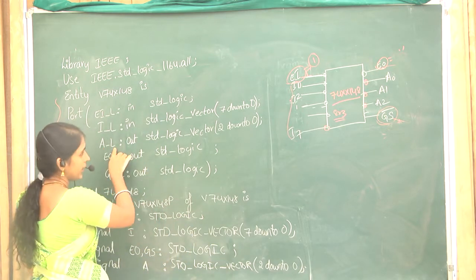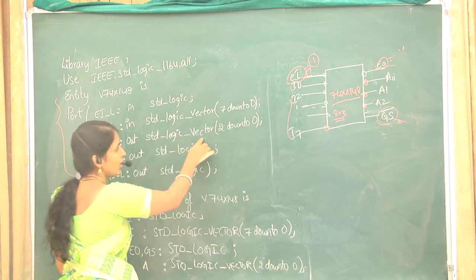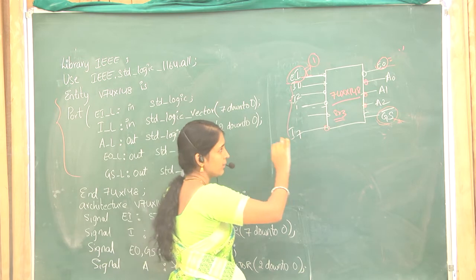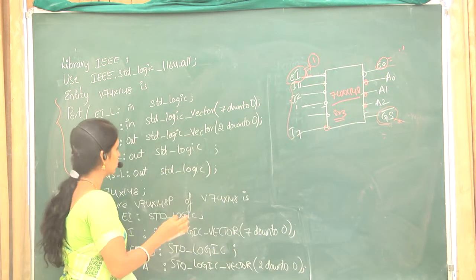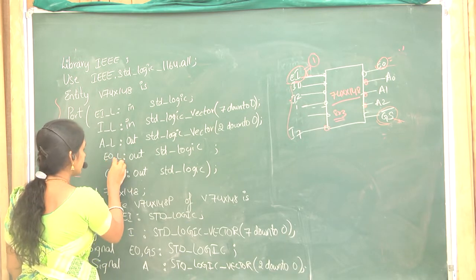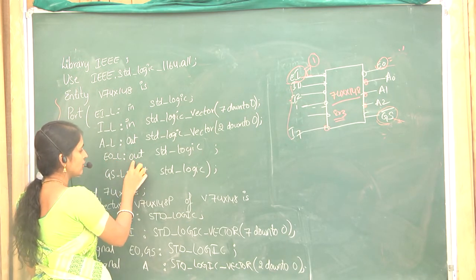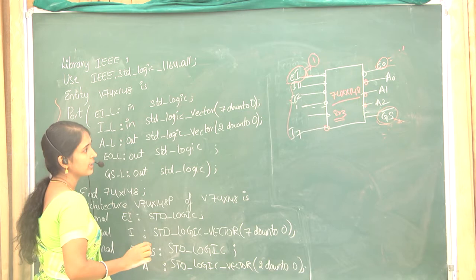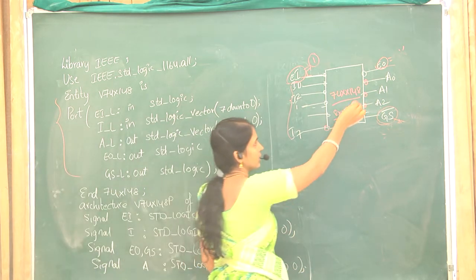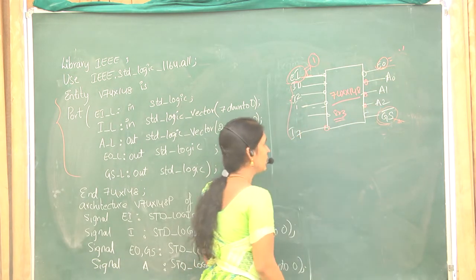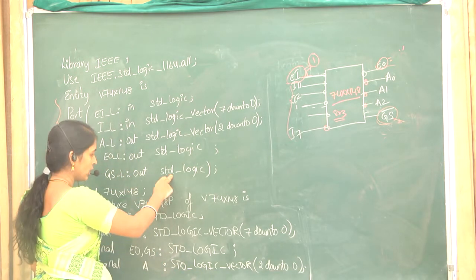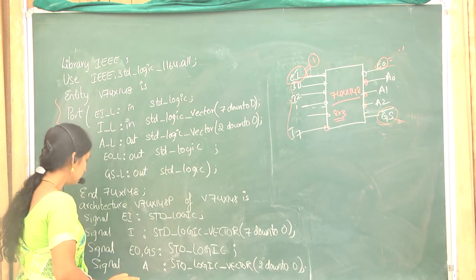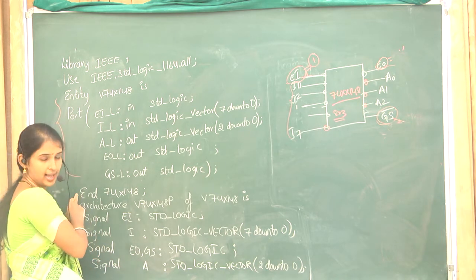At the same time, A of L is your output, taking 3 bits, A2, A1 and A0, a vector of 2 down to 0. Whereas EO of L indicates your output enabling. At the same time, GS of L is also your output, that is group select. Okay, your entity declaration has ended.